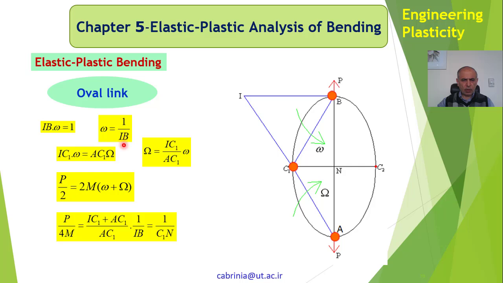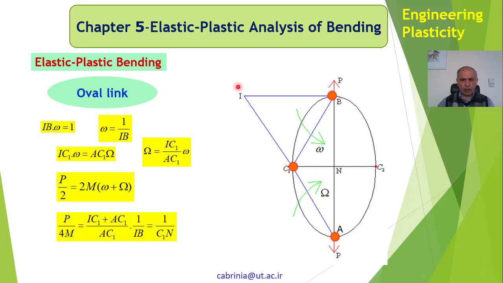So if I substitute all of these in here, I get IC1 plus AC1 over AC1 divided by IB. Now this is equal to 1 over C1n, because I have these similar triangles. The big triangle is AIB, and the small triangle is AC1n.